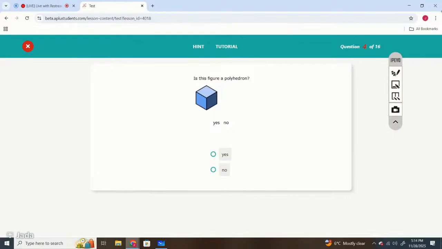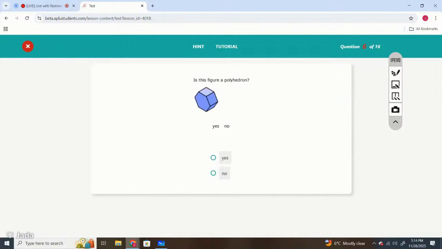Is this figure a polyhedron? Yes, it is. Is this shape a polyhedron? Yes, it is. Option number 1 is the correct option.